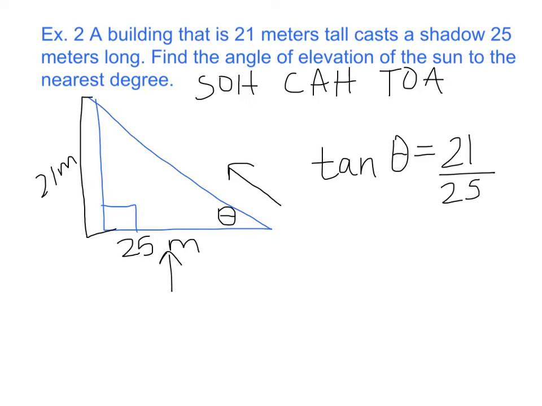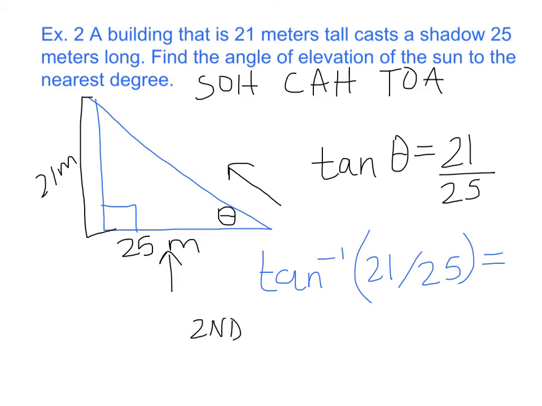So typing in your calculator, you do tangent inverse of opposite, which was 21, divided by adjacent, which is 25. Make sure you do inverse and not the reciprocal key. In most calculators, you have to hit second or shift to get to the inverse key. And then doing that, you should get 40 degrees as your answer.